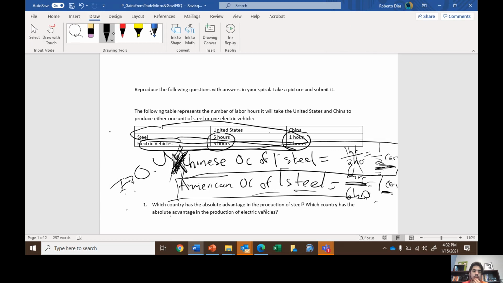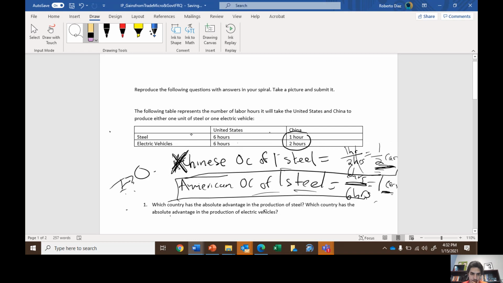But the logic is pretty... So if China produces steel, right, they can produce, let's say in an 8-hour workday, 8 units of steel.